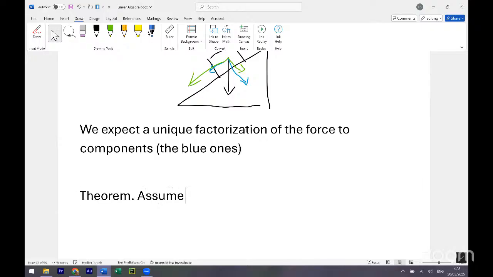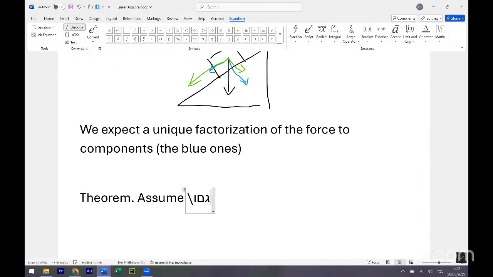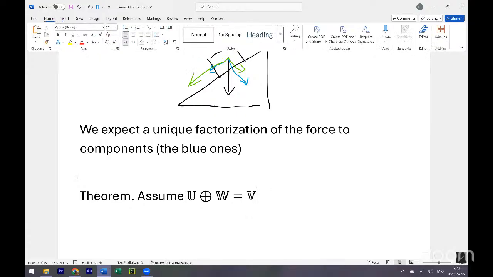Assume that the direct sum of U and W is V. Not assume, that's if and only if, sorry.